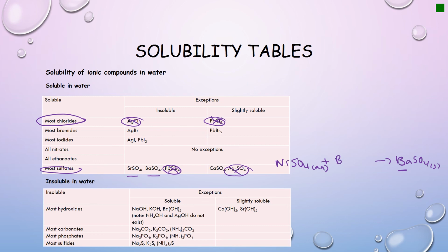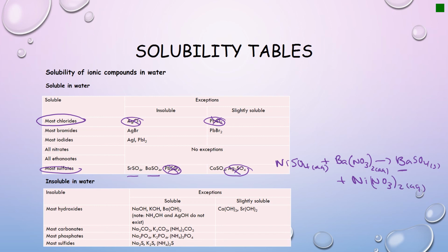So I'm going to add barium something. So the best choice in this case is probably barium nitrate, because we know that every single nitrate in the whole wide world is soluble. And that will mean that we will make barium sulfate and a solution of nickel nitrate.